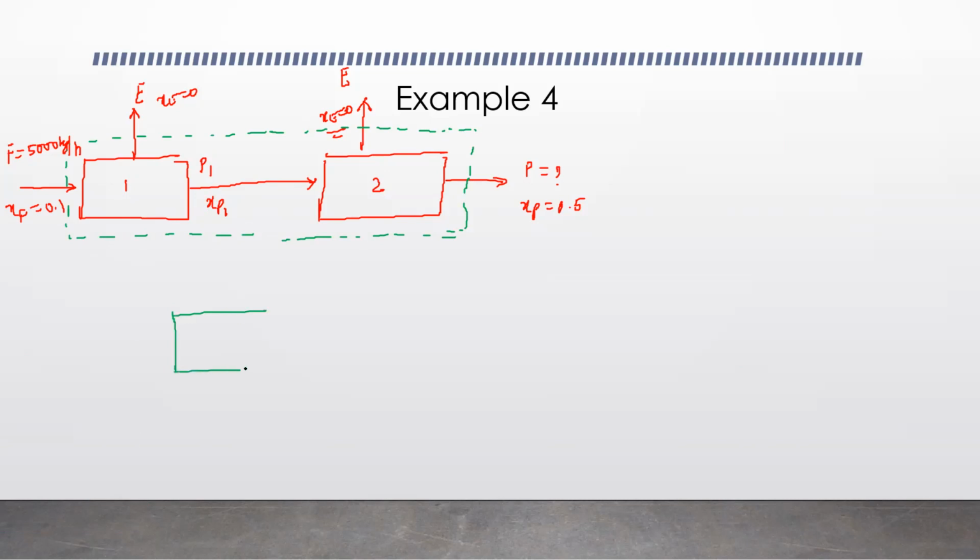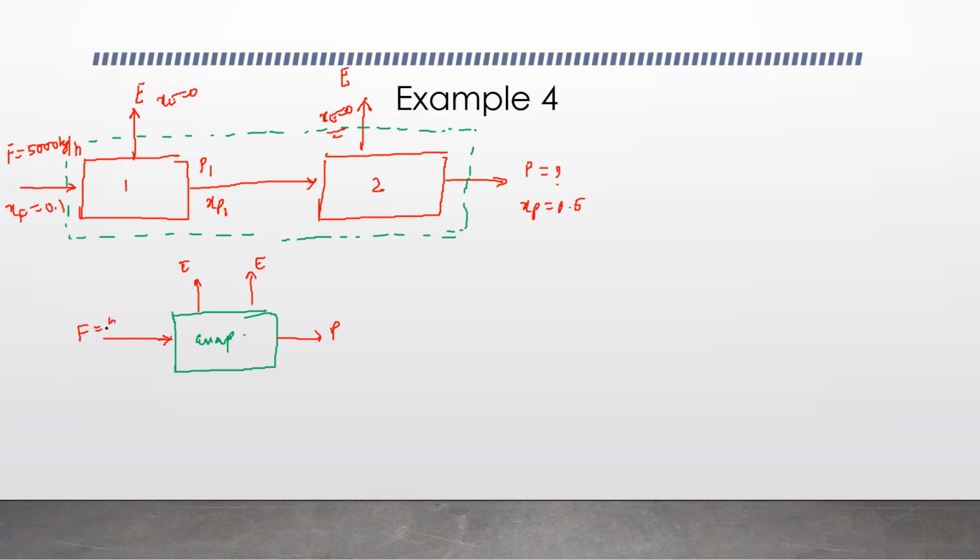This is my overall equivalent evaporator. Now let's see what the incoming stream is. It's F. What are the outgoing streams? E, E, P. P1 is not counted because it is a unit to unit transfer.